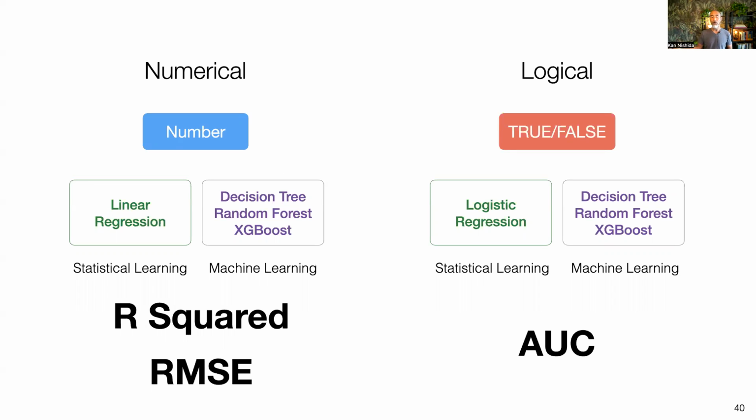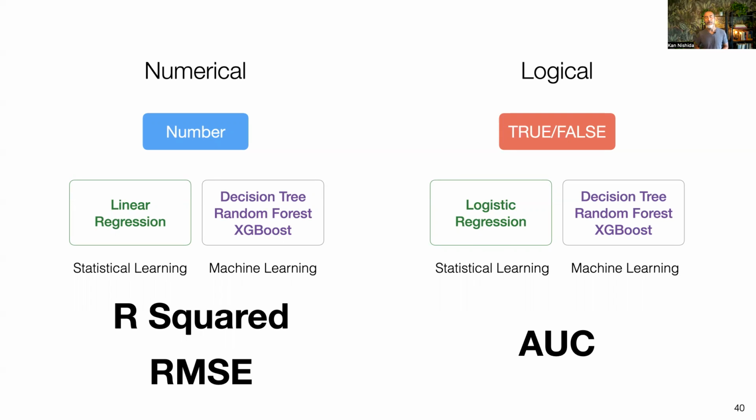Logical is true or false, converted or not converted, became ill or didn't become ill, something like that. For these two types, underneath each there are two types of algorithms: one is statistical learning and the other is machine learning. Either way, you can use the same metrics to evaluate the prediction quality.